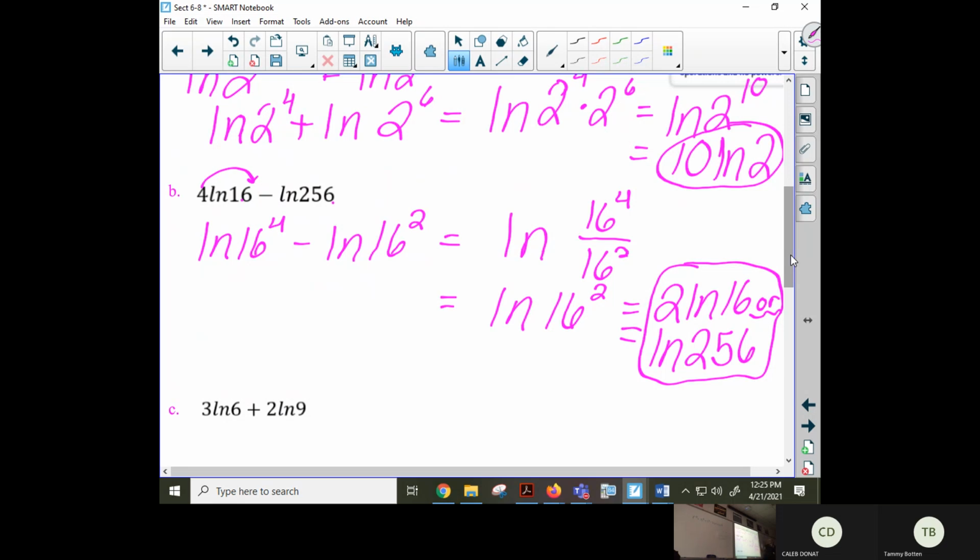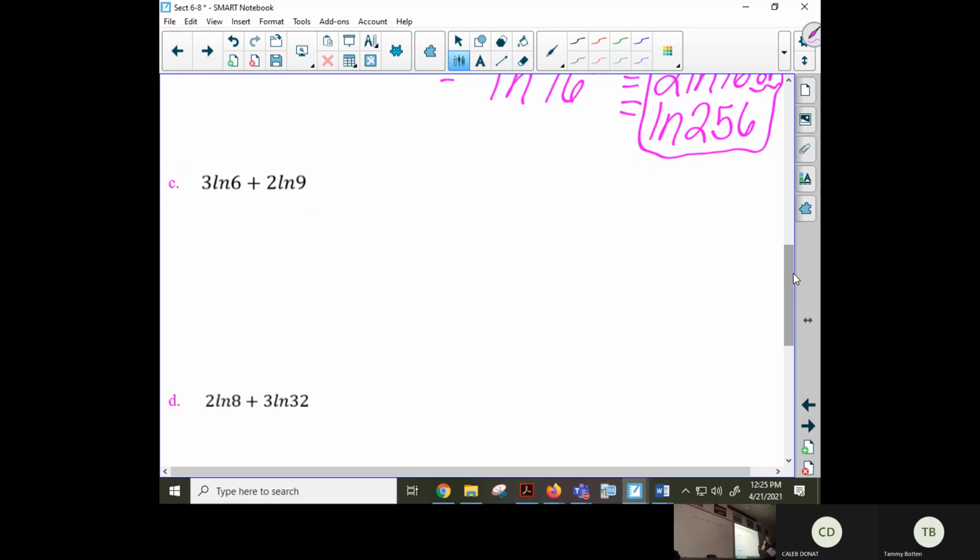Okay? All right. Now, the first thing I always do is I look at the 6 and 9 and I think, are both of them a power of the same base? Like 2. Is 6 a power of 2? No. Is 6 a power of 3? No. So because of that, 6 is not a power of anything but itself.